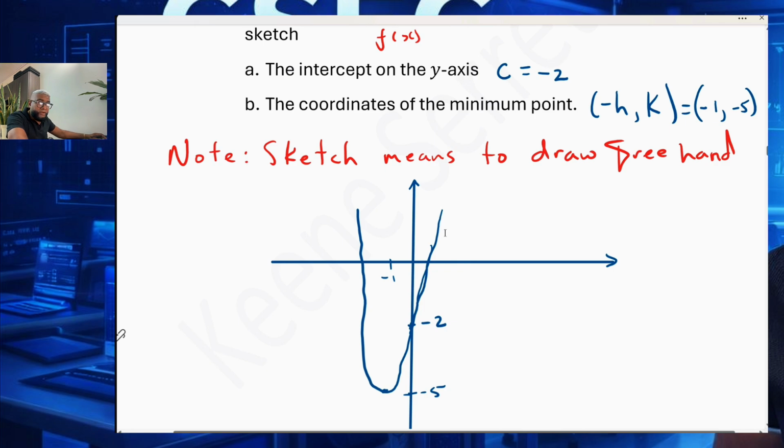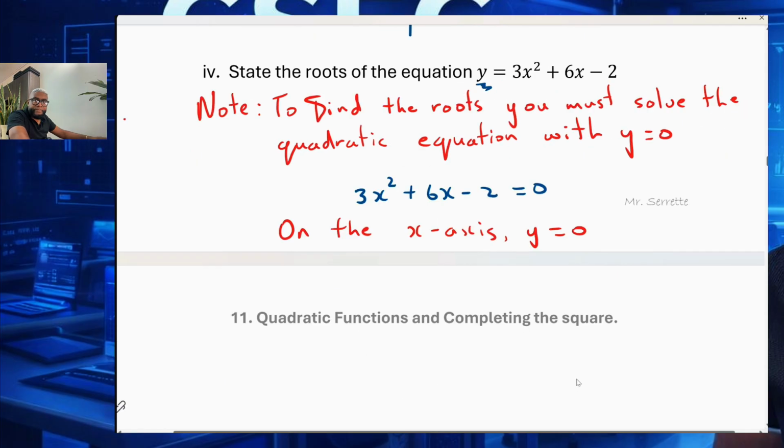It's a minimum curve, so you come down, it's decreasing. You go straight down to your minimum point here, and then you go back up, passing through your y-intercept -2 and going straight up, right? Points to note, do not V your curve. If your curve looks like this, you're not getting any marks in the exam, right?